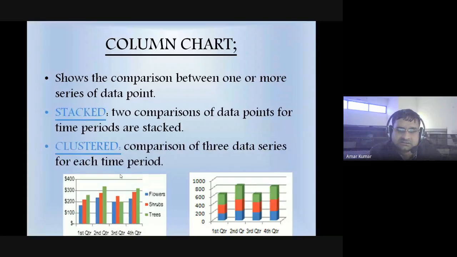So here both charts are shown, stacked and clustered. The first one is the stacked chart, the second one is the clustered chart. In the column chart, you use data which has a comparison between one or more series of data.